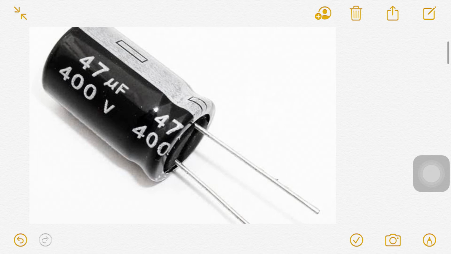So, in this case, example natin, 47 microfarads yung value niya and 400 volts yung maximum voltage that it can withstand.